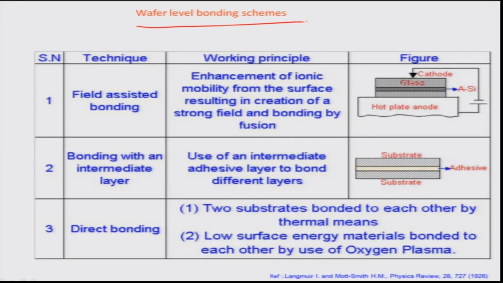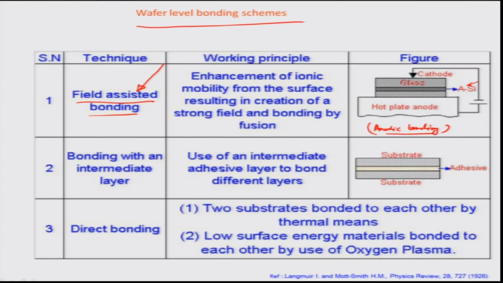The first strategy which comes to mind for such bonding is field assisted bonding, also known as anodic bonding. In such a bonding we take a silicon material and make this the anode.